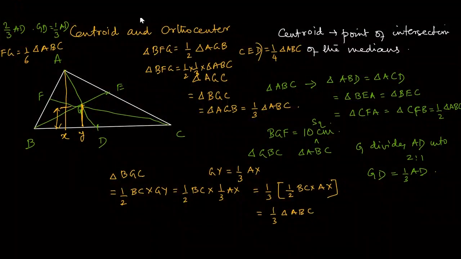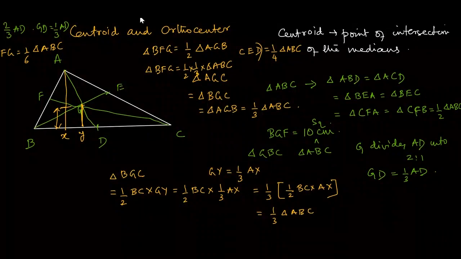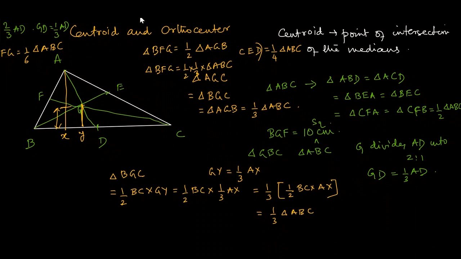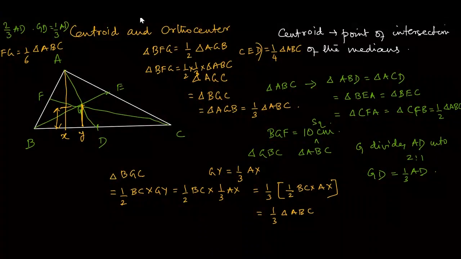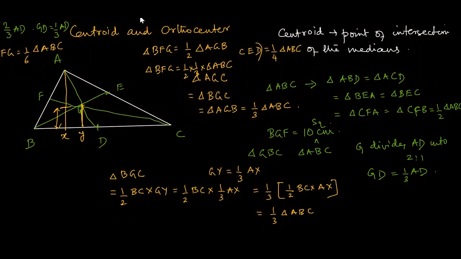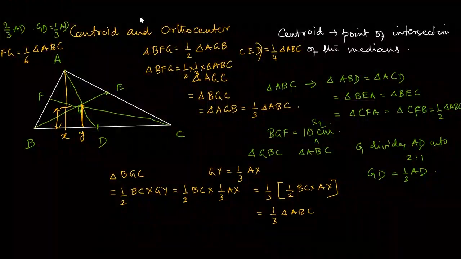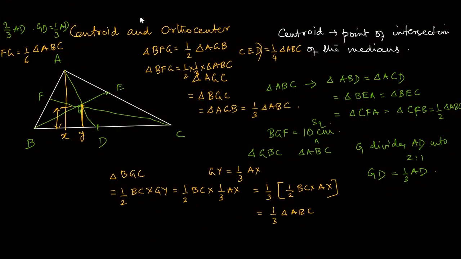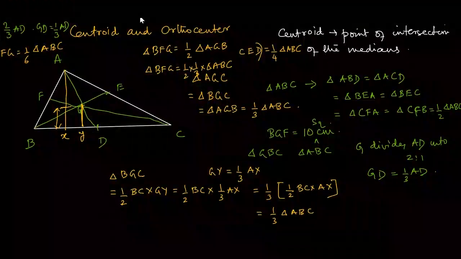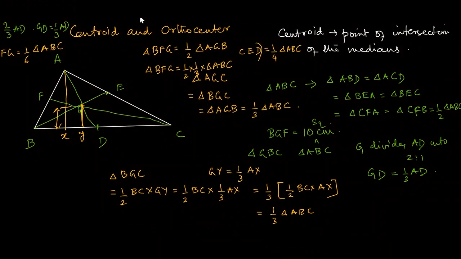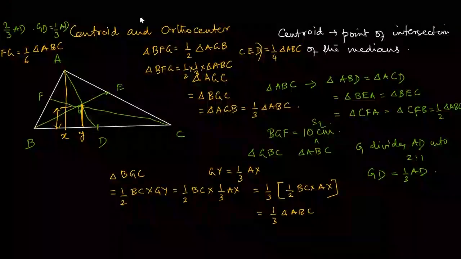So this is the second type of question that might come. This is more or less the type of questions that you can expect for medians and centroid, and they're all based on the ratio of the areas.